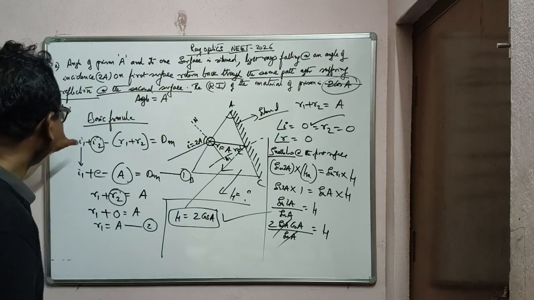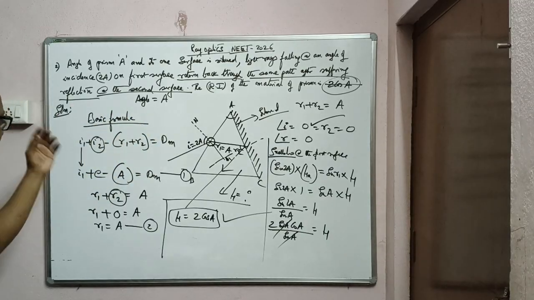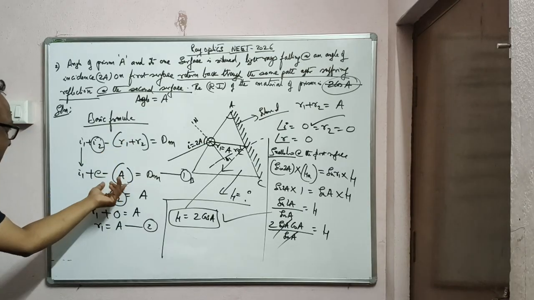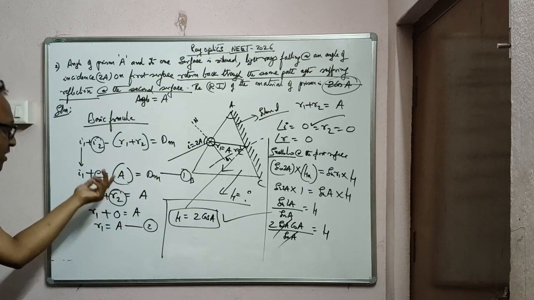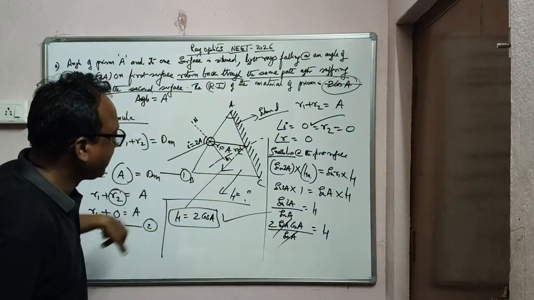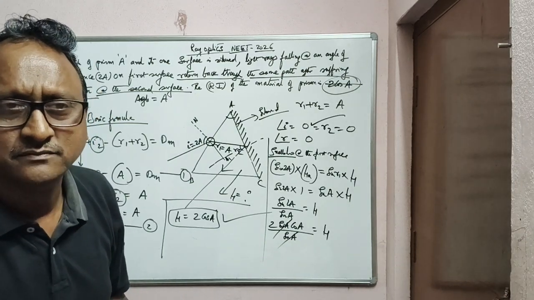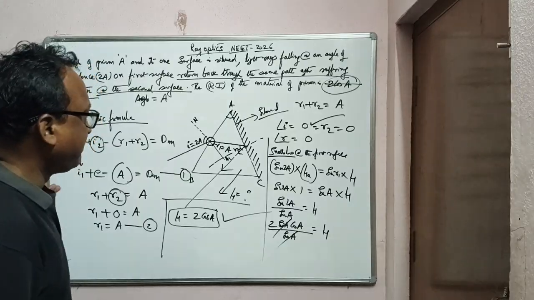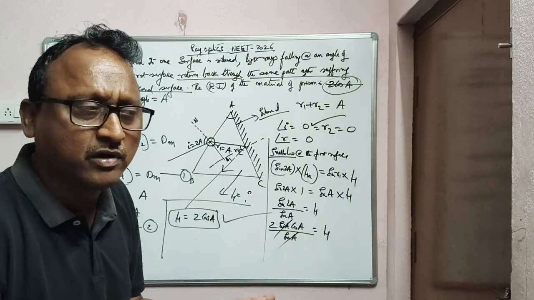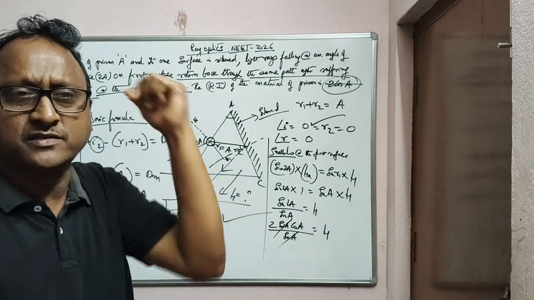See here, this is the basic derivation formula: I1 plus I2 minus R is equal to the deviation angle. Likewise, instead of I2 we wrote E, and instead of R1 plus R2 we wrote A. And also we know R1 plus R2 is equal to angle A from the derivation. Because it is hitting and coming back, the refraction angle is equal to 0, the incident angle is 0. Angle of incidence is 0, so there is no reflection going on; when the angle is 0, the reflection angle is also 0.